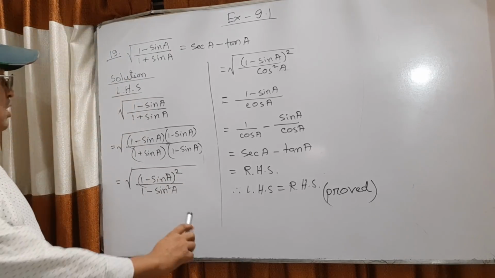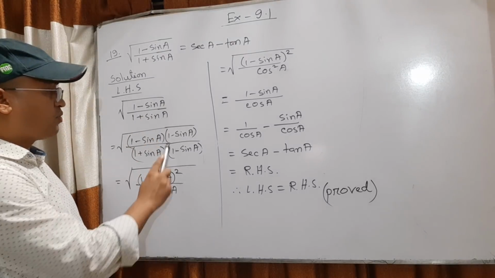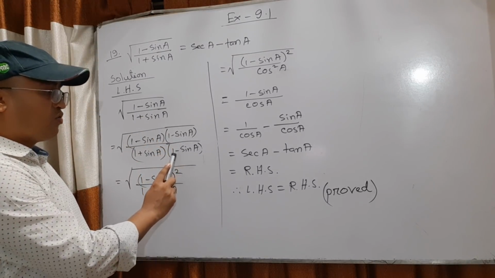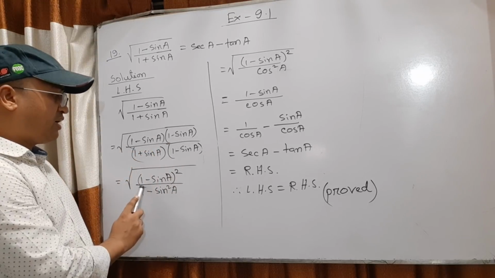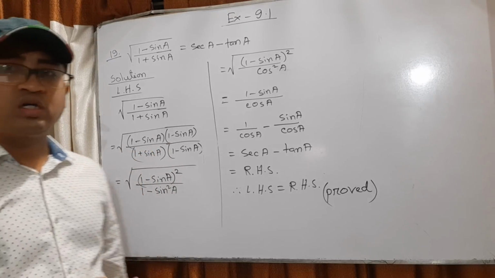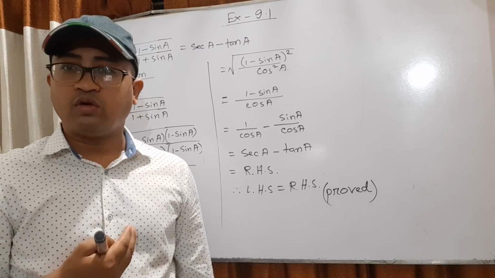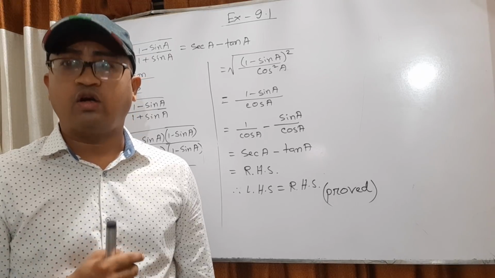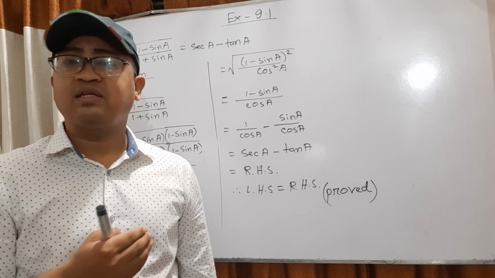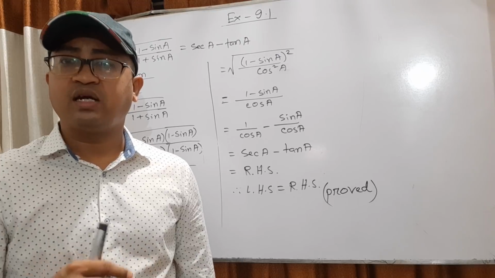If you multiply both the numerator and the denominator by 1 minus sin a, it becomes a square, 1 minus sin a whole square. So if you want to remove the root over, you should multiply such a term so that it becomes a square.